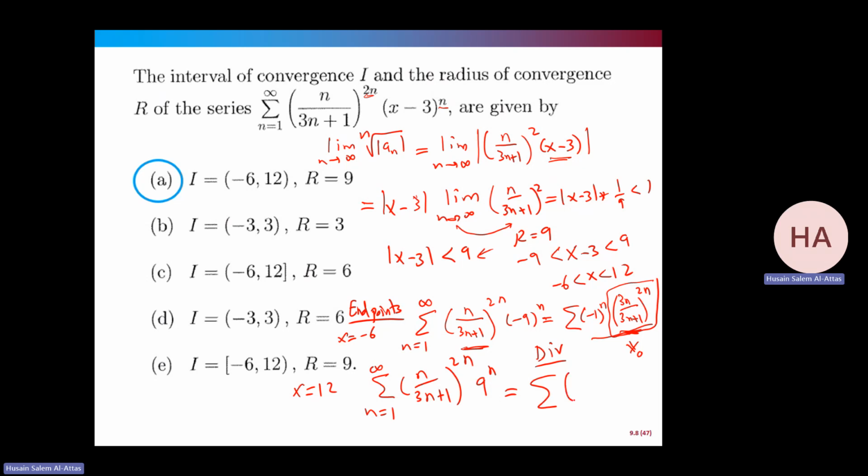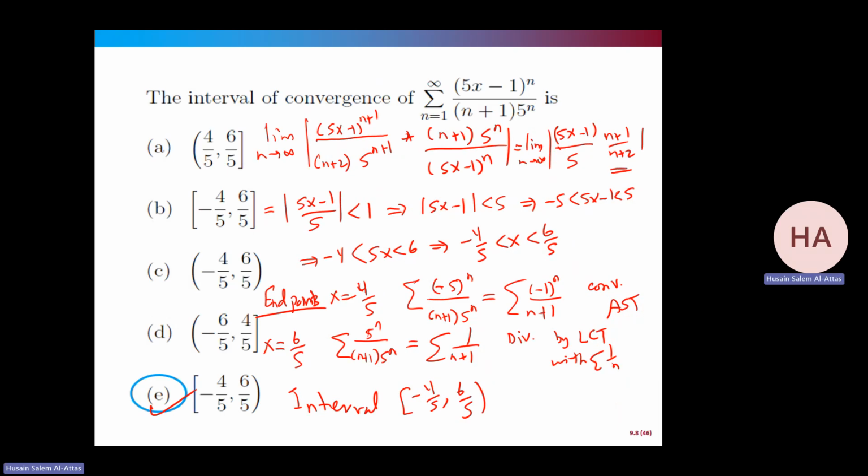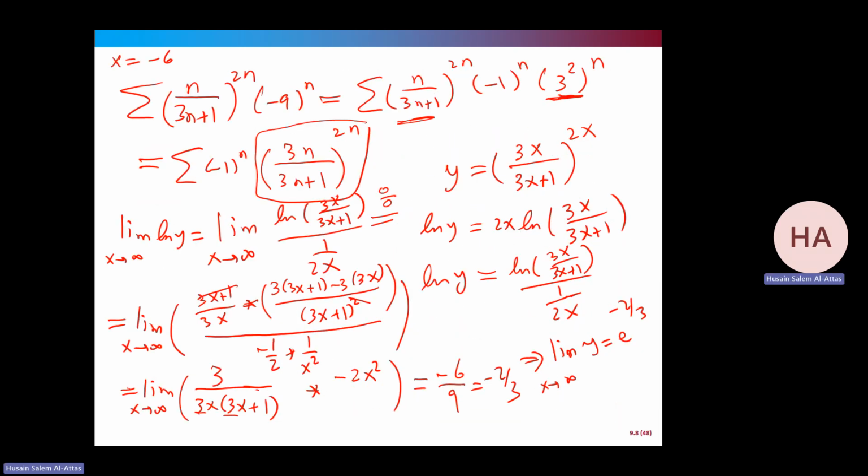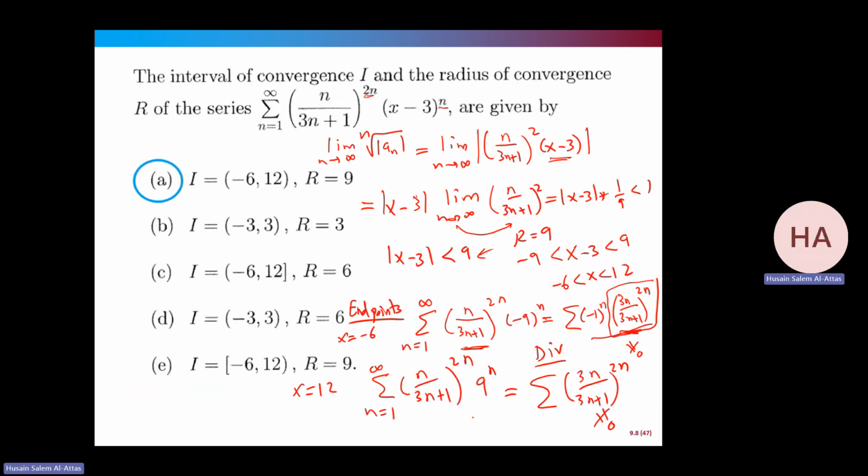I take it inside, so you have (3n over 3n plus 1) to the power 2n, which is not equal to 0. I check this limit, I did it through L'Hopital's rule, and it is not equal to 0. So it diverges. So R equals 9 and the interval is minus 6 and 12, both open.